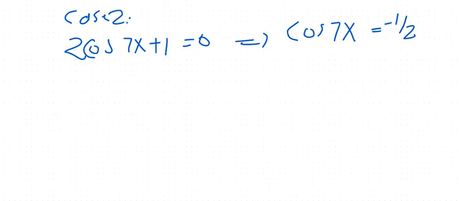Now we have to put k for case 1. We have sine 3x equals 0.